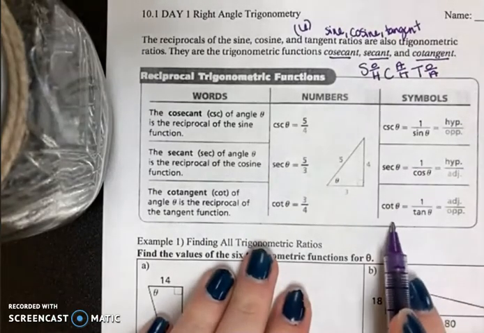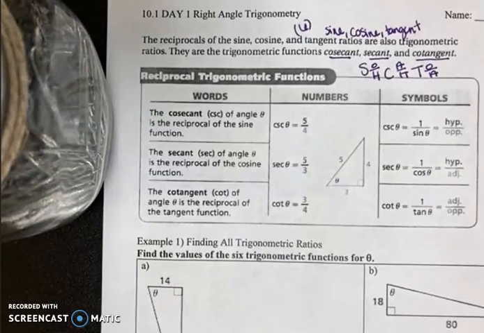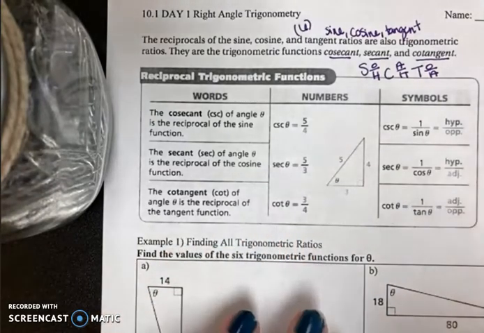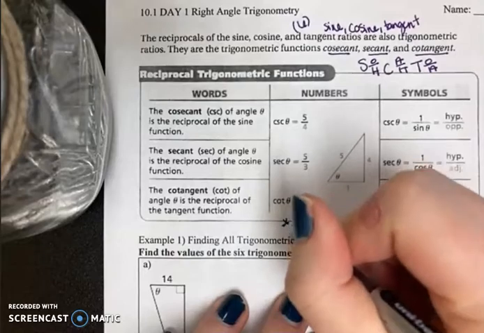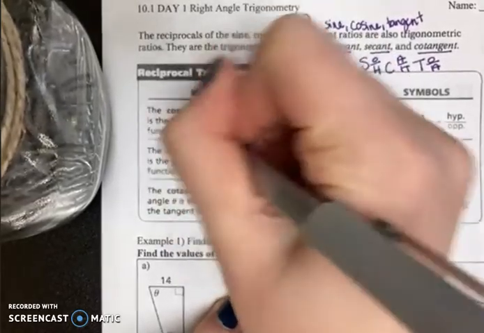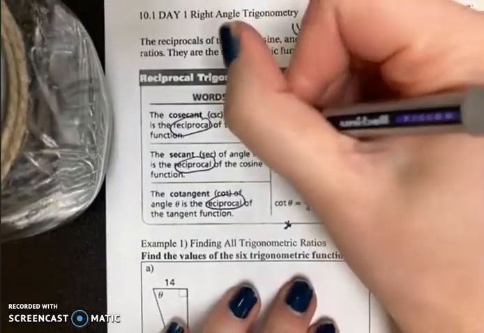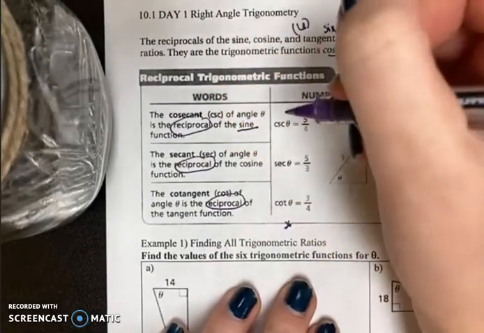Cosecant, secant, and cotangent are just the reciprocals of sine, cosine, and tangent. So we're even going to write that, I'll put it right here. They're the reciprocals. Cosecant is the reciprocal of sine.